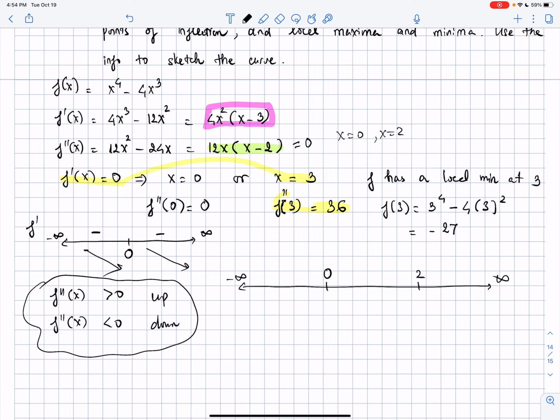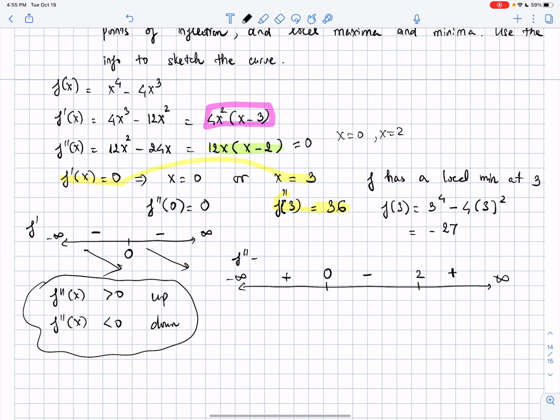And then we will plug in the points. So if we choose -1, it will give us positive. We are checking the f double prime. So we plug in 12x times x minus 2, okay? So if we put in 1 right here, we will get negative. And if we put in 3, we will have positive.